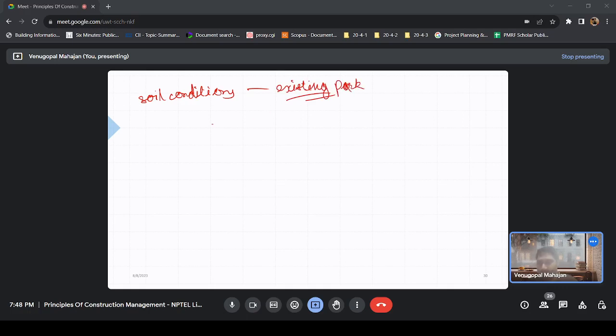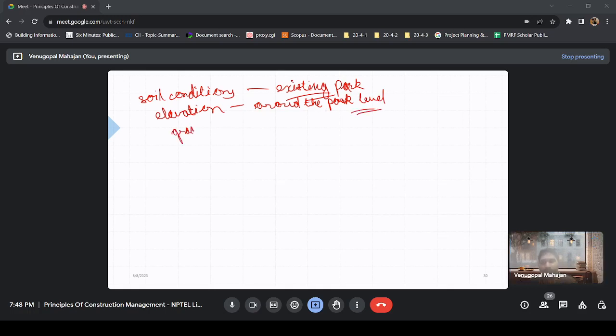Elevation. You can just go around the existing park level. Gradient, slope: you can just follow what the park has. The park is quite level.